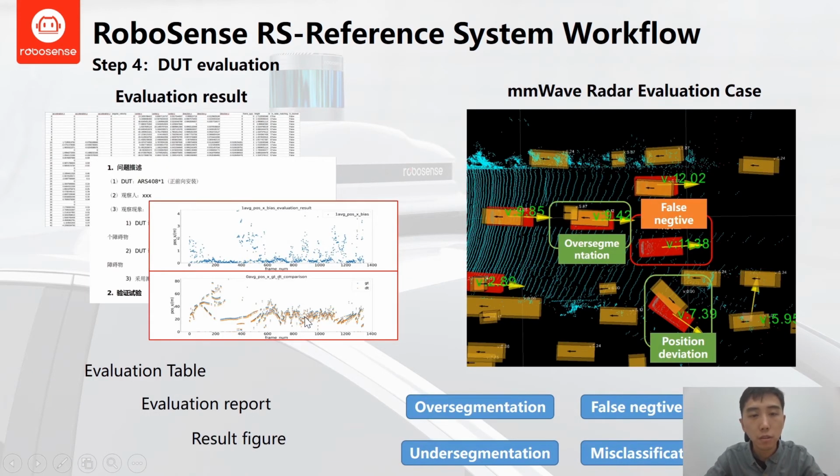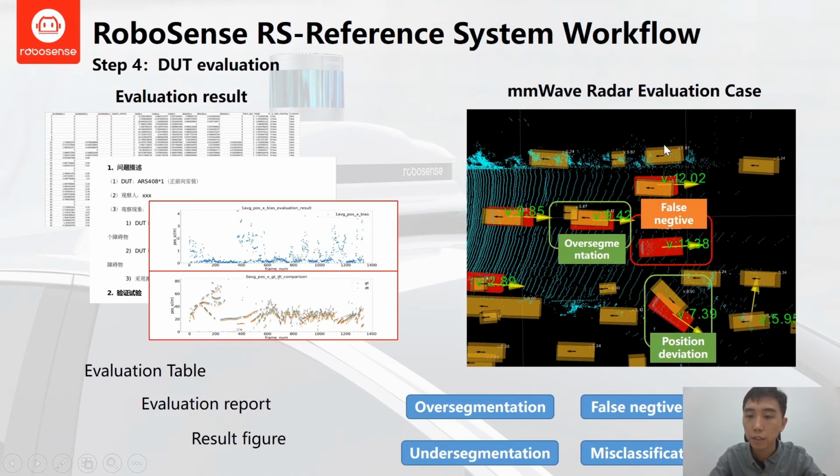Okay, so here are some results of the evaluation part. We can output some evaluation table, some evaluation report, or some result figure here. And on the right side, we showed a real case of the radar evaluation.